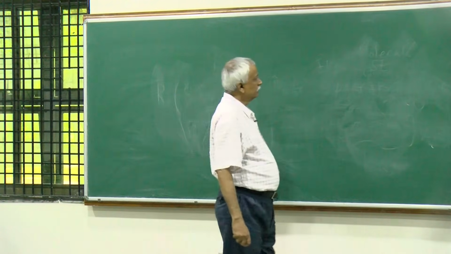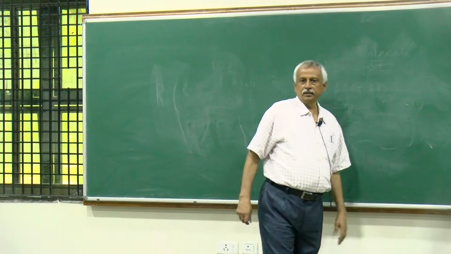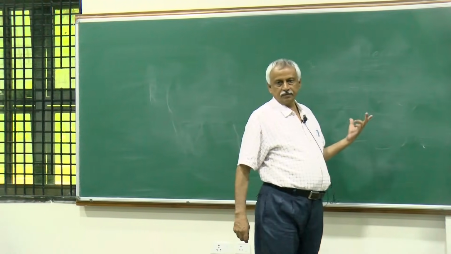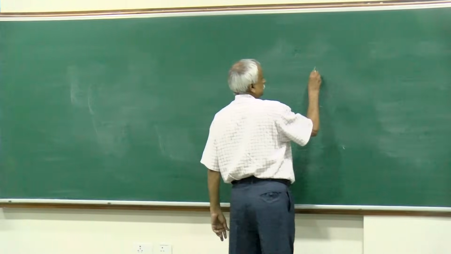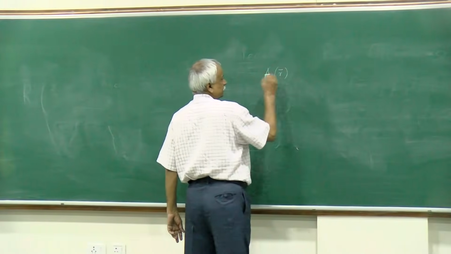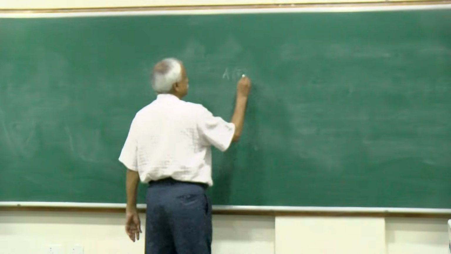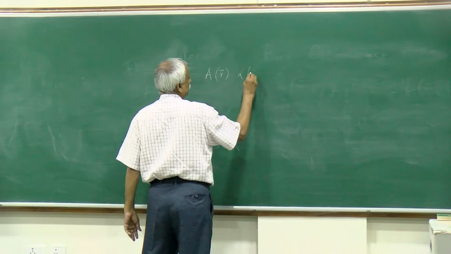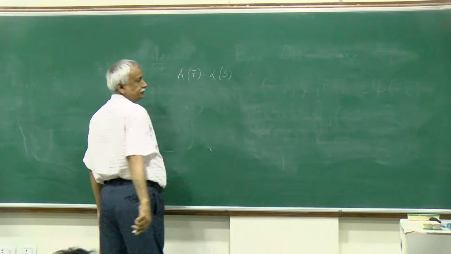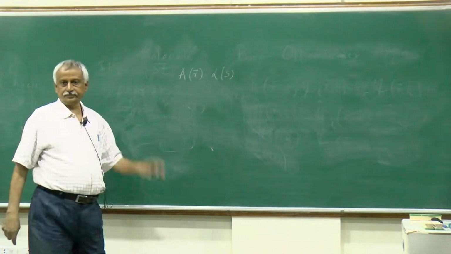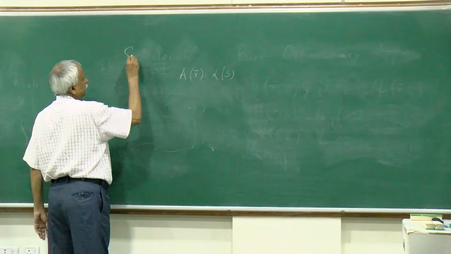So if I say that the electron is there in, let's say, orbital A, so that means A is a function of r, that's the orbital, and with, let's say, spin, in general I am writing, say, alpha(s), with spin alpha. So this is what we call a spin orbital.